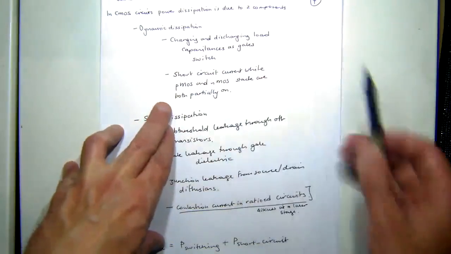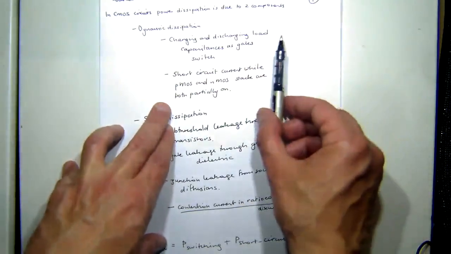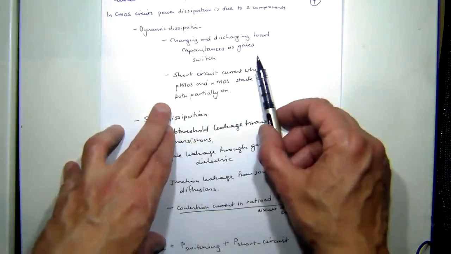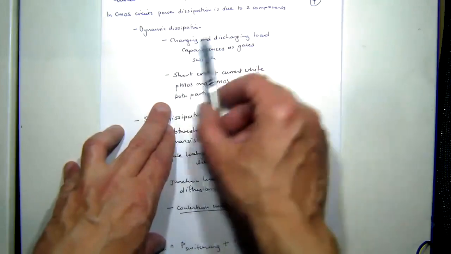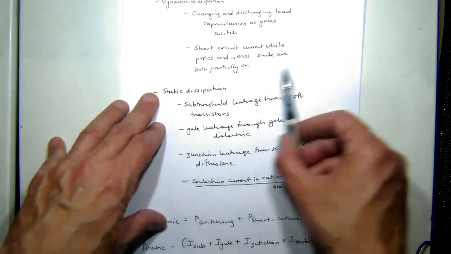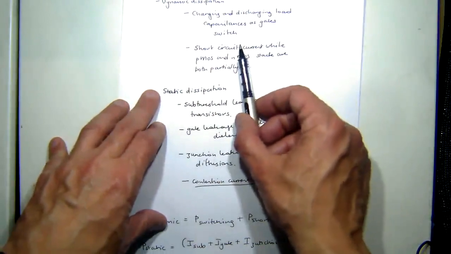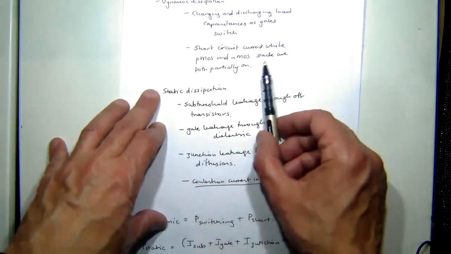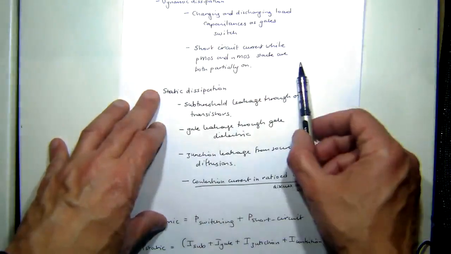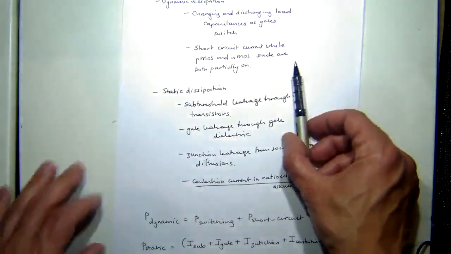For the most part, we're assuming that the power dissipation is dominated by the charging or discharging of capacitances, but this also plays a non-insignificant role. So if you're doing this properly and you've got large circuits, you should also consider this, because it plays an important role.